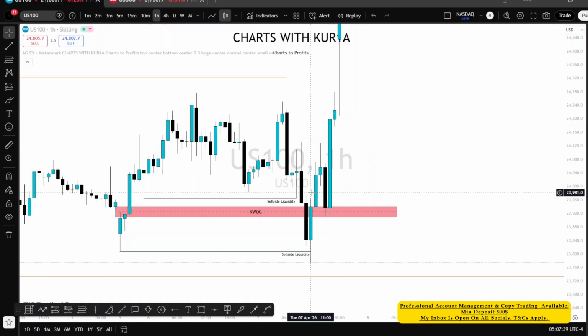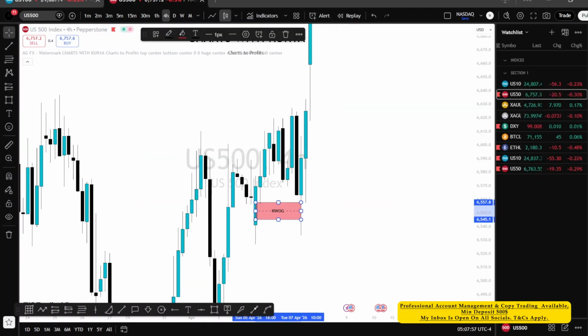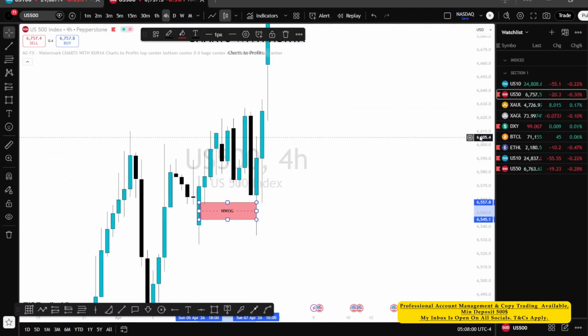The reason I missed this trade was because I wanted to see price come tap this new week opening gap and respect it. But what did price do? Price came and closed below the 50% of that and even went lower to sweep the current weekly low, which was the current weekly low at the time.